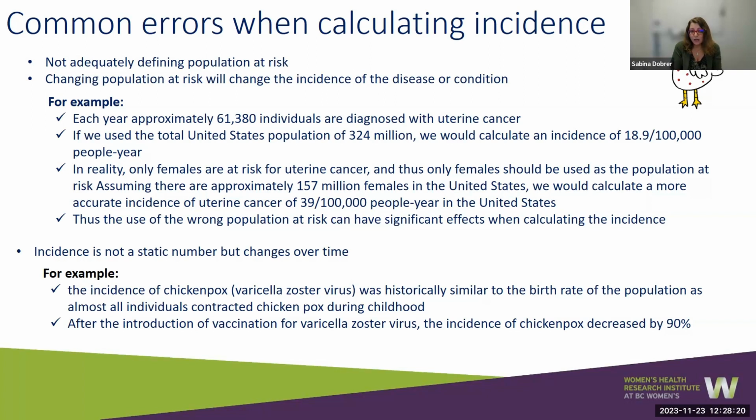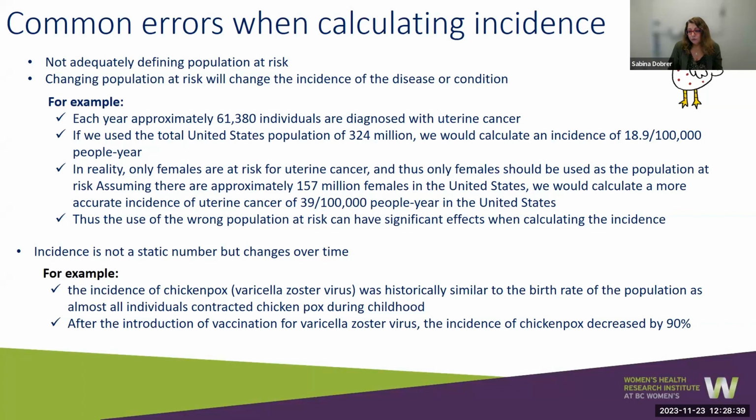But after the vaccine for chickenpox was introduced, the incidence rate decreased by 90%. So it's important to understand the risk population, and it's very important to understand the time frame within which we're calculating the incidence.